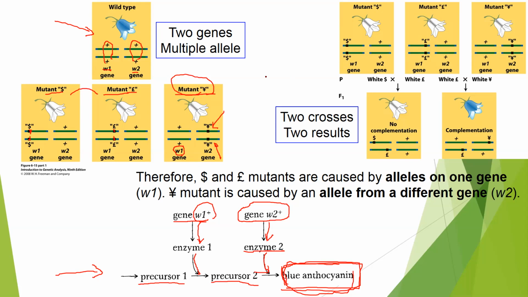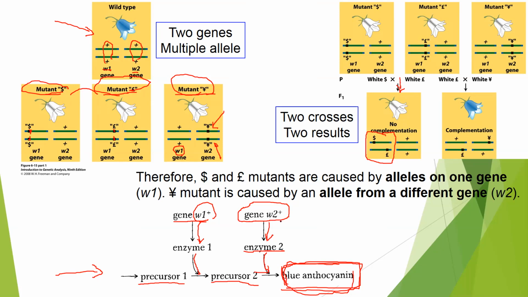Okay, now if we cross the first mutant with the second one, what happens here? So this is the result. This is the progeny from this cross, right? So why is this still mutant? Because look at the 2 alleles for this gene. They are all mutant.